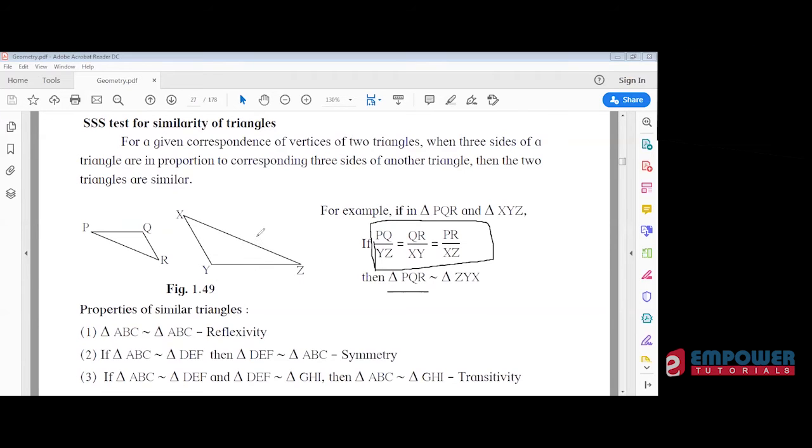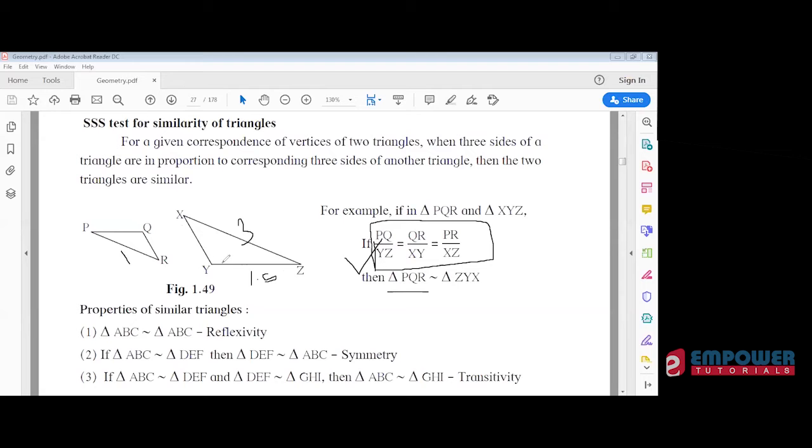You must have been given this side as 3, this as 1, then this as something, let's say 1.5, something like this. So you need to find out the unknown side. We have used this property to find the third side, the unknown side.